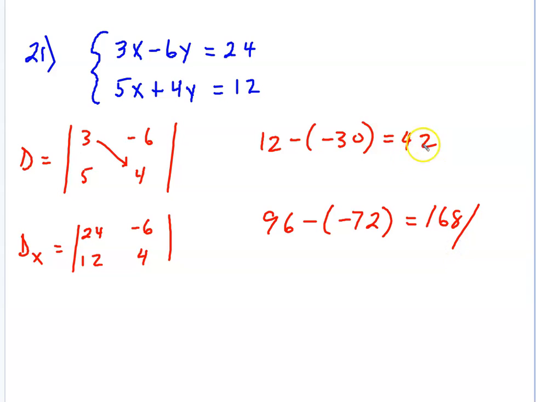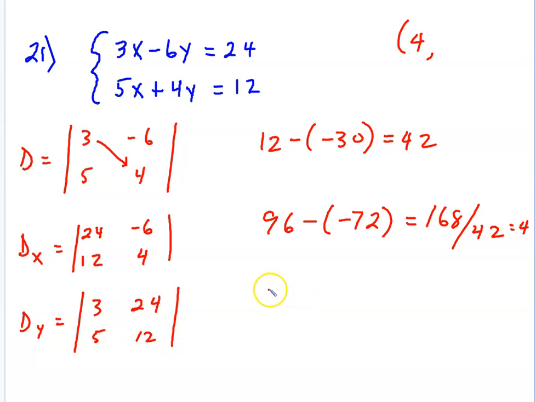And always divide to get your value. Some people stop here, but I haven't found x until I actually divide. So 168 divided by 42 is 4, so that's my value for x. And now I'm going to do the determinant called d sub y, so put the x's back and replace the y's.